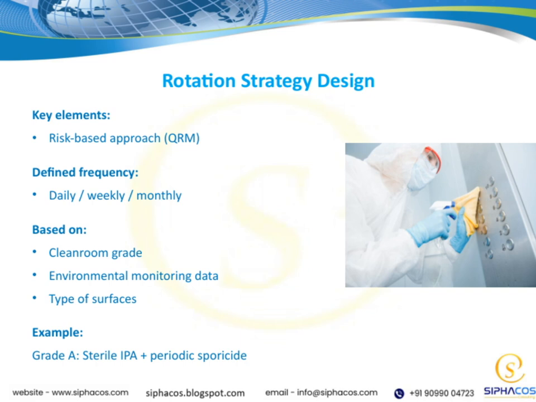For example, in a grade A environment, we typically use sterile IPA or isopropyl alcohol combined with periodic sporicide treatments. This approach ensures that we maintain the highest level of cleanliness and minimize contamination risks. Overall, this strategy allows us to tailor our cleaning and rotation schedule effectively, aligning with the overall goal of ensuring product integrity and compliance.